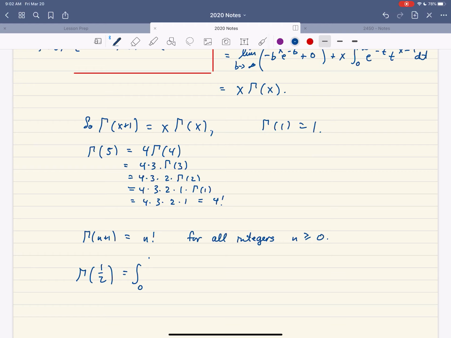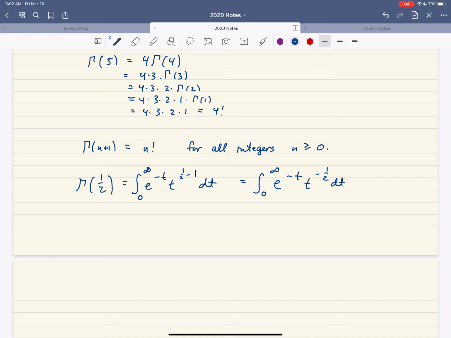We're going to get the integral from 0 to infinity, e to the minus t, t to the 1/2 minus 1 dt. So in other words, this is the integral from 0 to infinity, e to the negative t, t to the negative 1/2 dt. And what we're going to do is substitute. Let u be t to the 1/2.